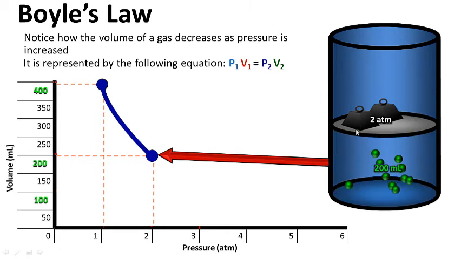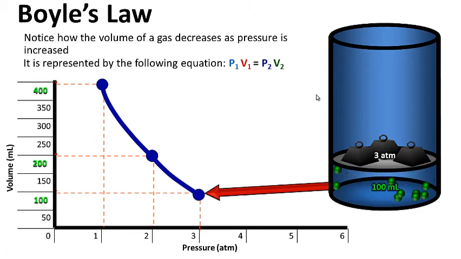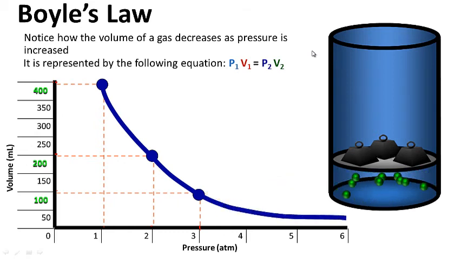Now we have a volume of 200 milliliters with 2 atmospheres. Okay, 3 atmospheres of pressure. And our volume has decreased even further. So notice as pressure increased, volume here decreased. All right, and our graph shows this.